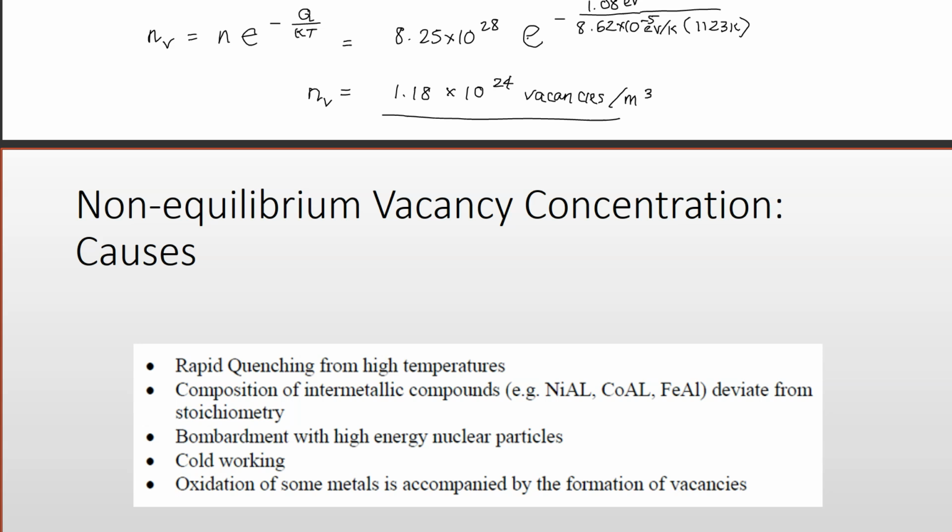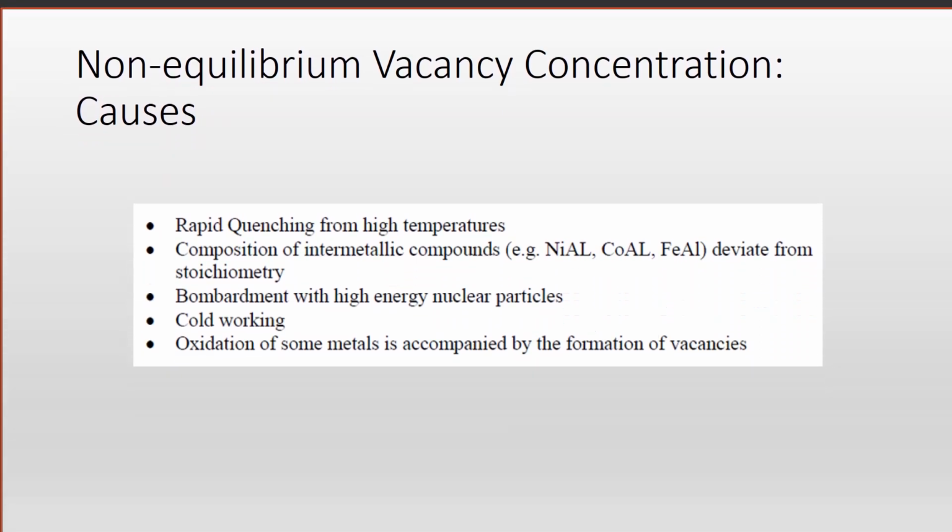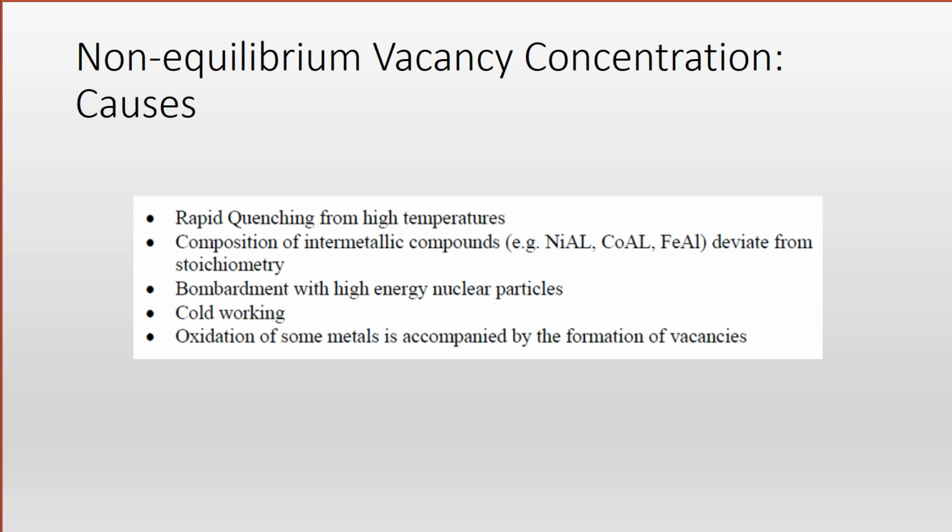Okay, so what we calculated there was the equilibrium vacancy concentration at a certain temperature, but often we find that the actual vacancy concentration is different from that equilibrium value. The reason could be that the material was rapidly quenched from high temperatures, so it wasn't given the chance to achieve equilibrium.